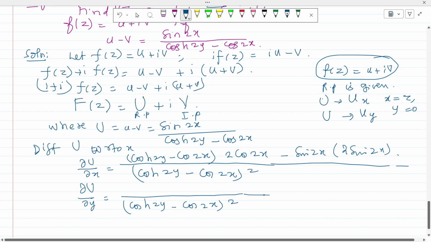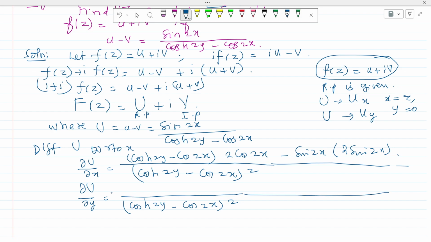In the numerator, cosh 2y minus cos 2x. If you are differentiating, sin 2x with respect to y is 0, minus, keep it that sin 2x, and then 2 sinh 2y.